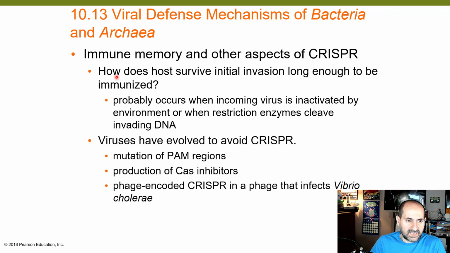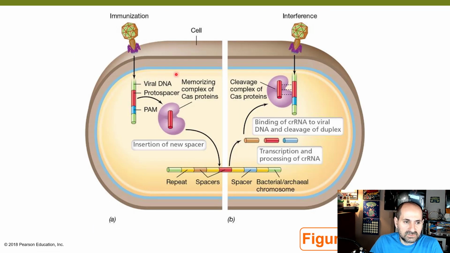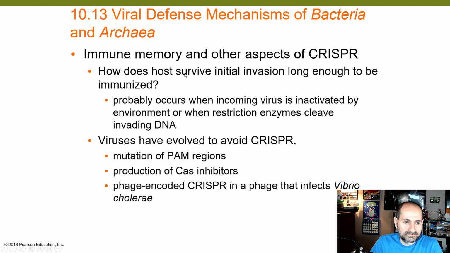So here's a question. How does the host survive the initial invasion long enough to be immunized in the first place? How did the host survive long enough to even get immunized on the left side of this image? This probably occurs when the incoming virus is inactivated by the environment. So the virus luckily just died, or got inactivated during the infection process.